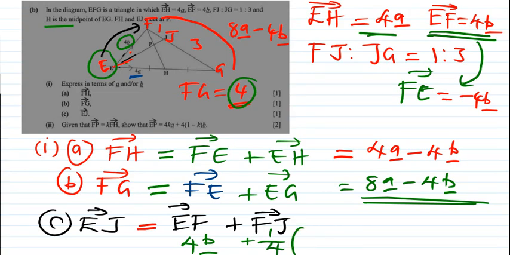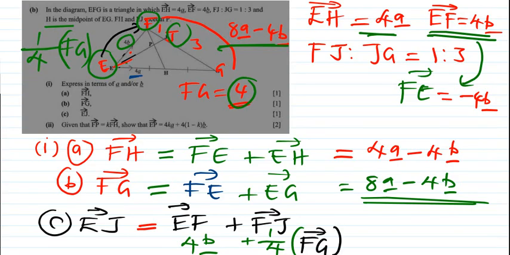Now the distance from F to G was this. So we are saying the measure of distance from F to J is 1 out of the total 4 of the distance of FG.